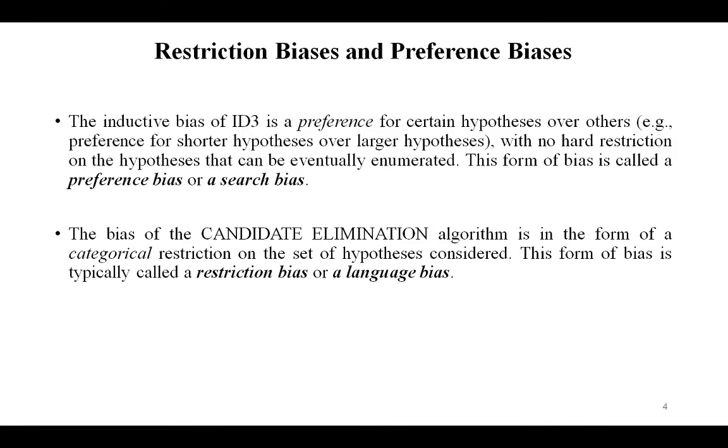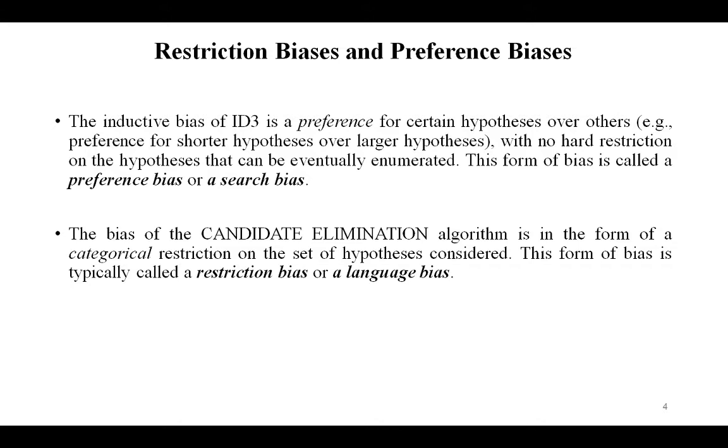Here, the inductive bias of ID3 is a preference for certain hypotheses over others, with no hard restriction on the hypotheses that can eventually be enumerated. This form of bias is typically called a preference bias, or alternatively a search bias.